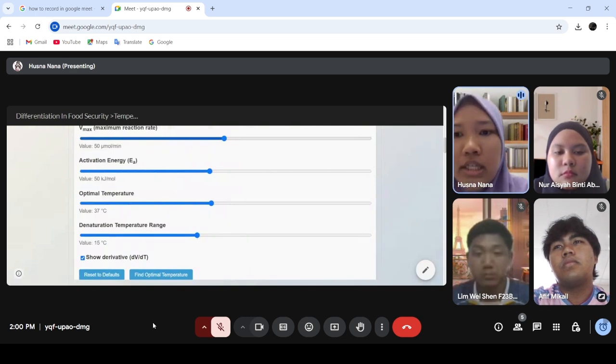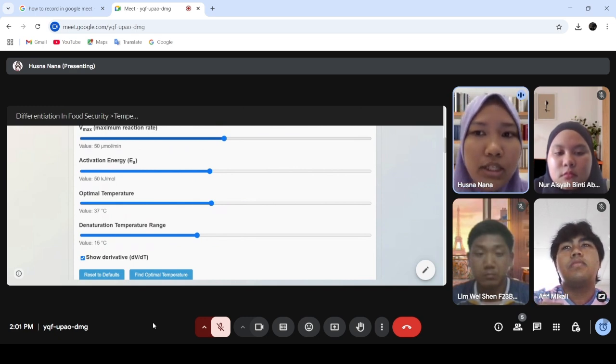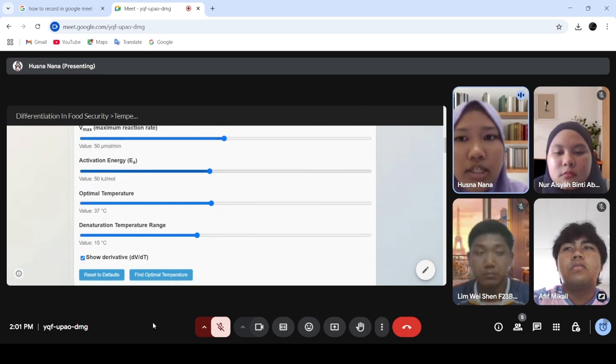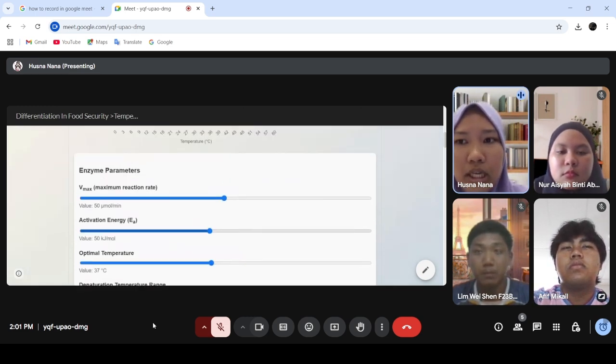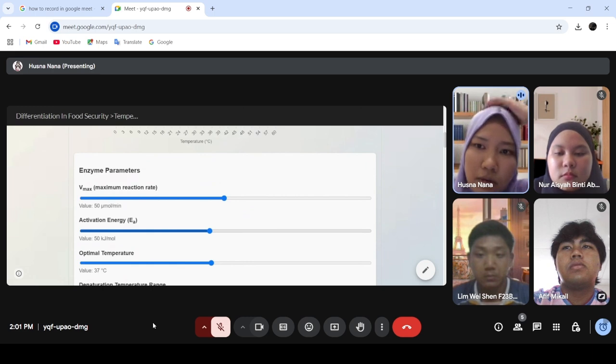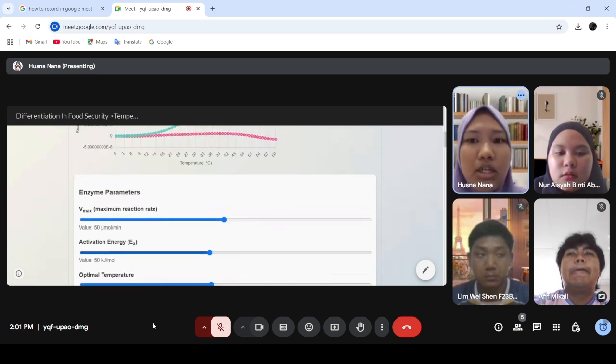Enzymes are biological catalysts that speed up chemical reactions in food. They play roles in ripening, spoilage, and preservation. For instance, enzymes like polyphenol oxidase can cause browning in food, while others can lead to the breakdown of nutrients. Temperature significantly affects these enzymes.